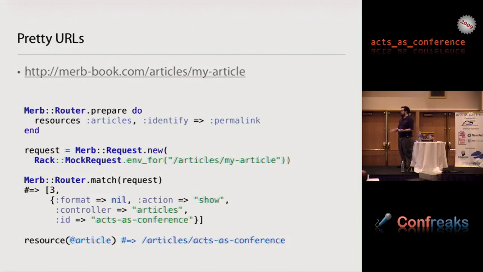However, actually, I should explain this before I say that. Merb also adds a new helper: instead of url for this, you add something called resource. You can pass in a resource object, and it will figure out which resource it is attached to and generate the URL.